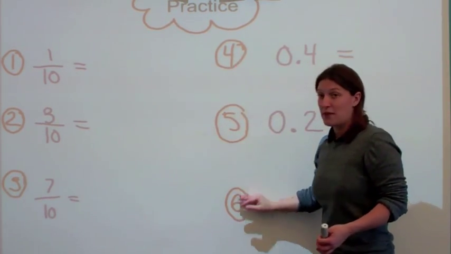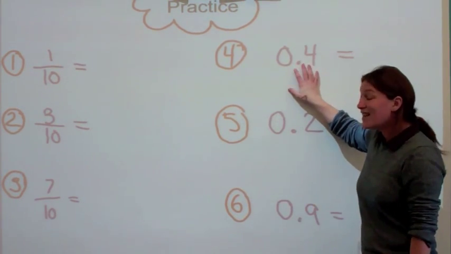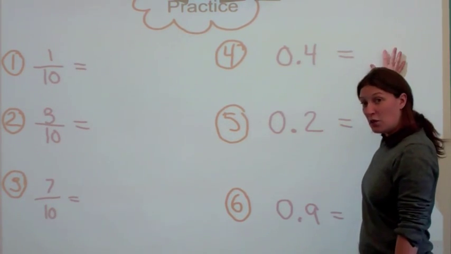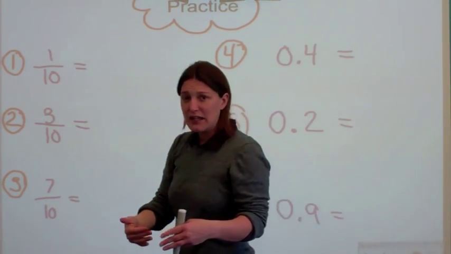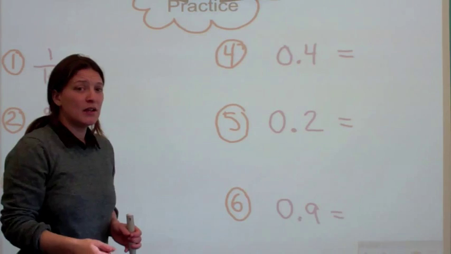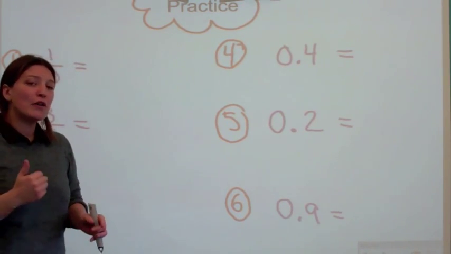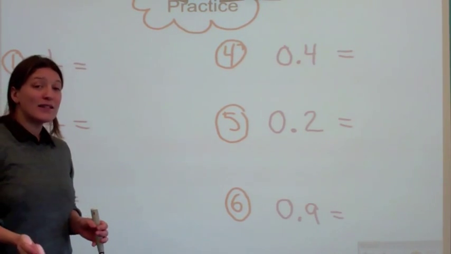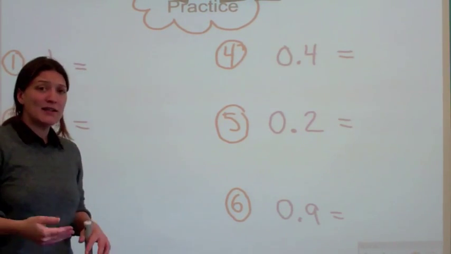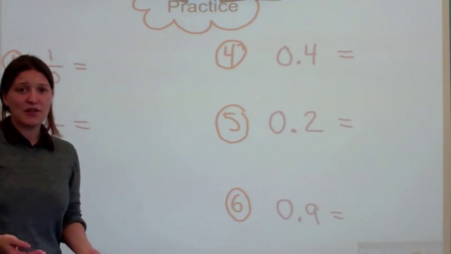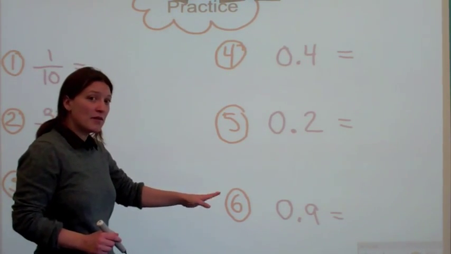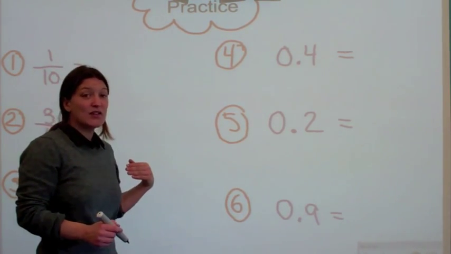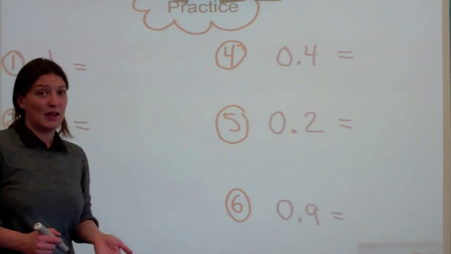The other 3 problems, you're going to take a decimal and you're going to turn it into a fraction. Remember, you can go back in the video at any time to review how to do this. Pause it, rewind, watch it again, watch it as many times as you need. The place value chart that we looked at on a few slides ago will help you tremendously.